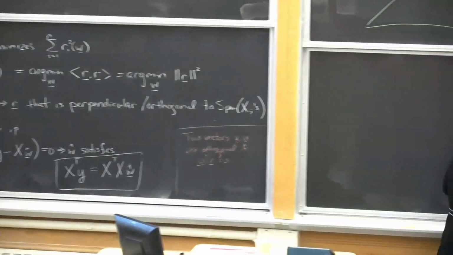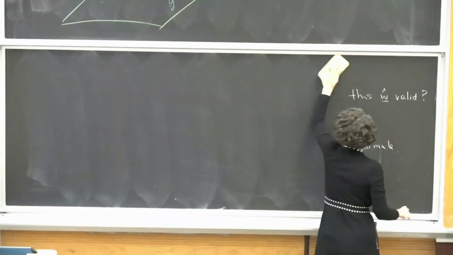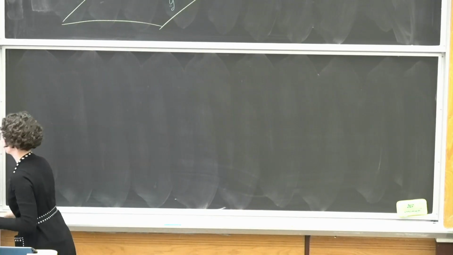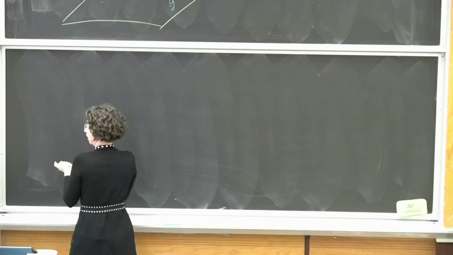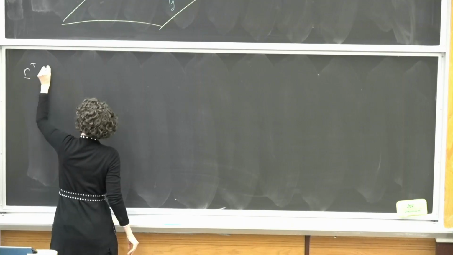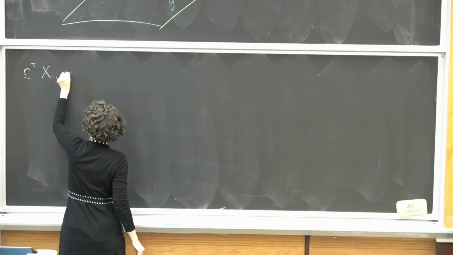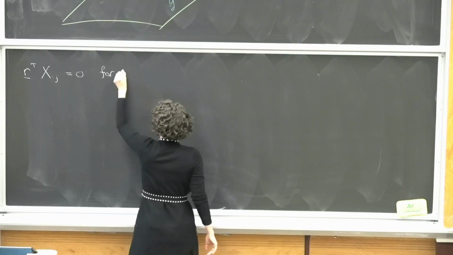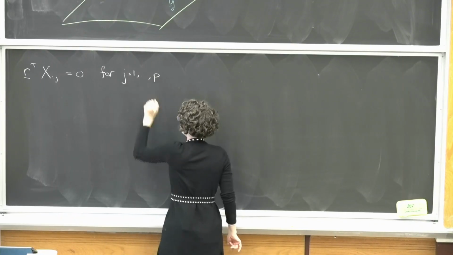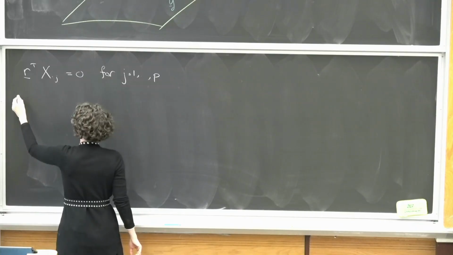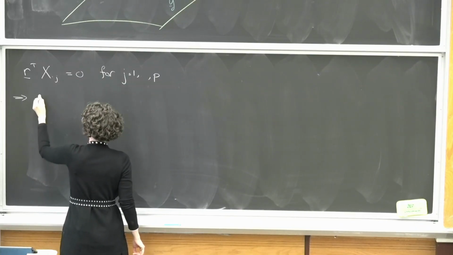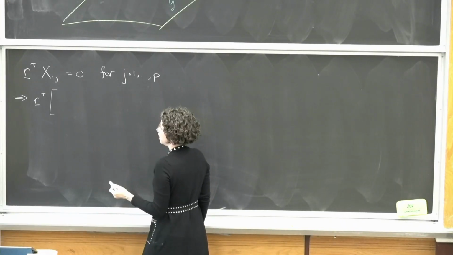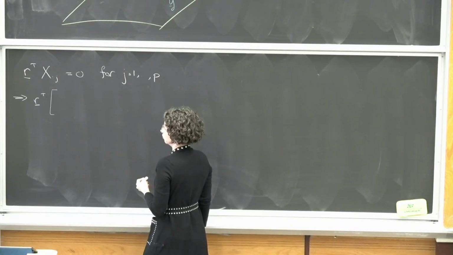Let's just write a few things down for that. So we said that R transpose x colon j is equal to 0. And this is true for all of the j's from 1 to p. So then what I could do is keep this R transpose, and then stack all of these x colon j's together.